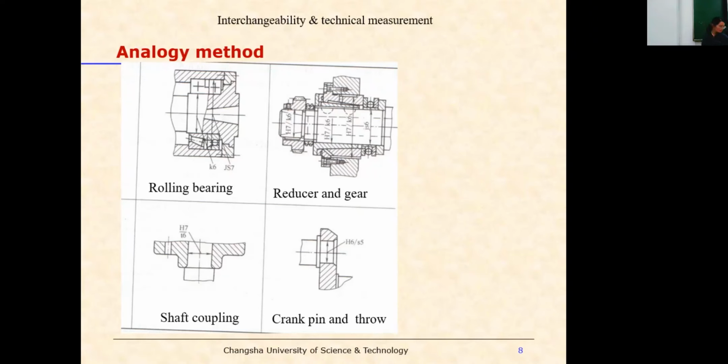H7, T6, right? H7 is here. T, oh, it's also 7. Transition. T here, yes, it's transition. I think transition or interference.